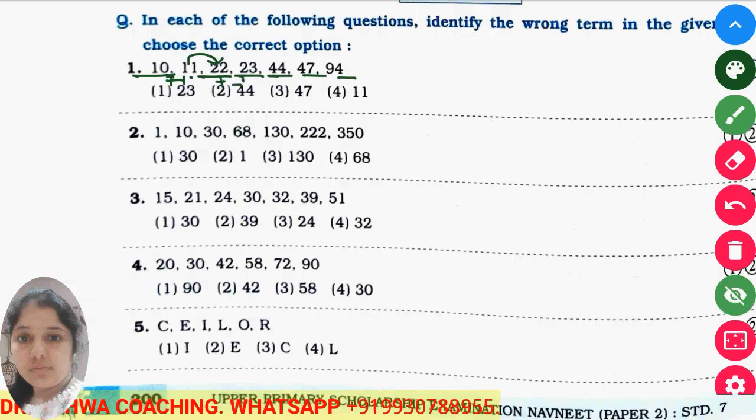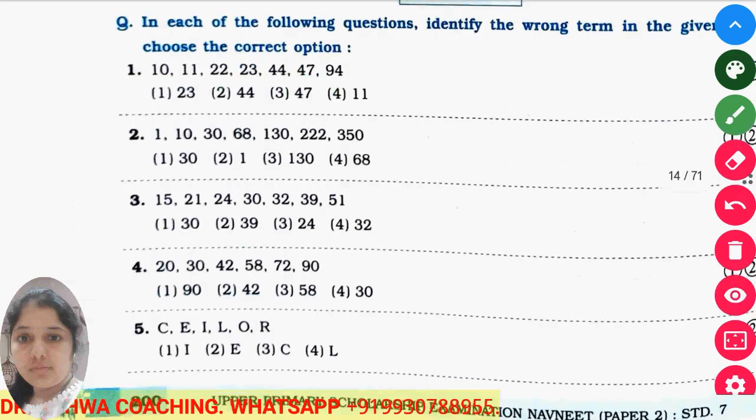Now again 1 is added to 22, so it becomes 23, but 23 twos are 46. When we add 1, it becomes 47, and 47 twos are 94. So one must be added, then multiplied by 2. You have to multiply this 23 with 2, but they had not multiplied it with 2, so 44 is the odd term here. It should be 46.